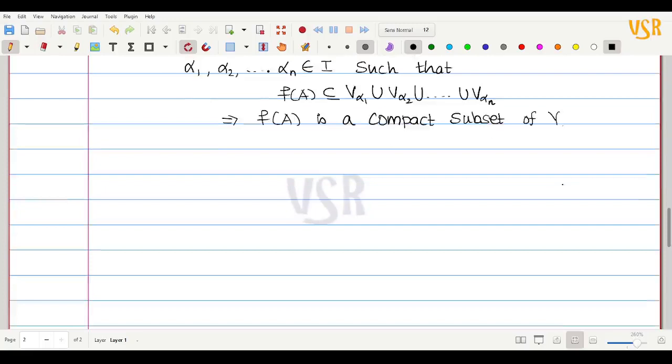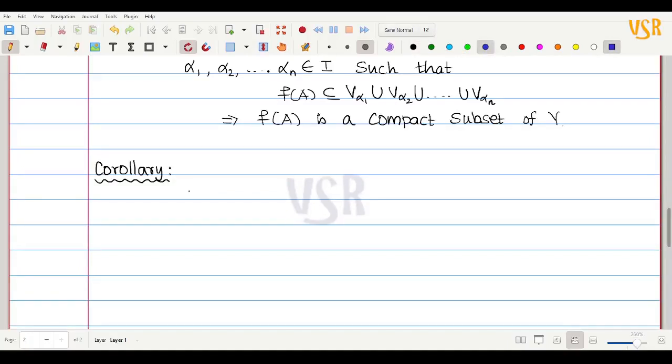Now let us go to a corollary that follows from this. So this is something most important. Okay, corollary. What is the corollary? First, let me take this. Let capital X be a compact set.